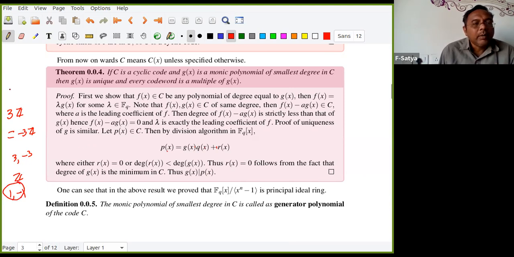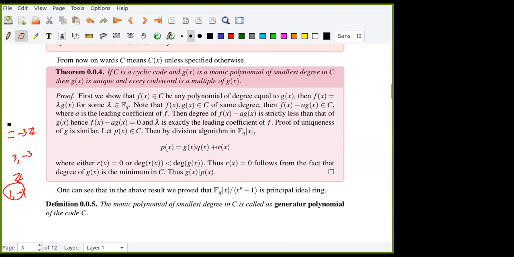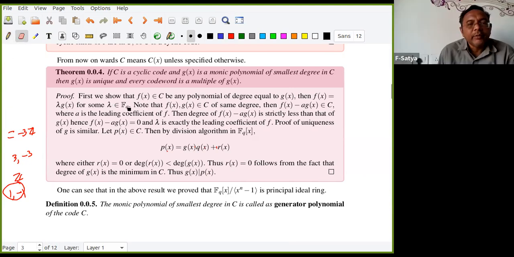Now, what are the units in F_q? F_q is a field. Every non-zero element is a unit. So any lambda which is in F_q minus 0 will work. Okay. I told that lambda is a leading coefficient, obviously, when the degree of g(x) is positive, right?